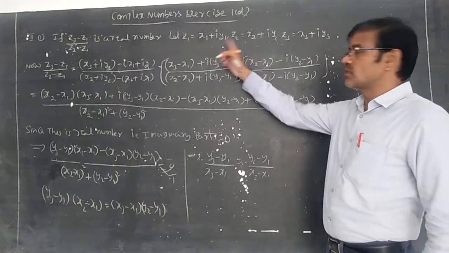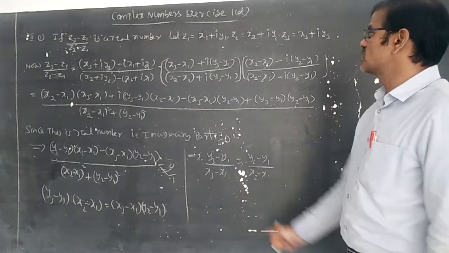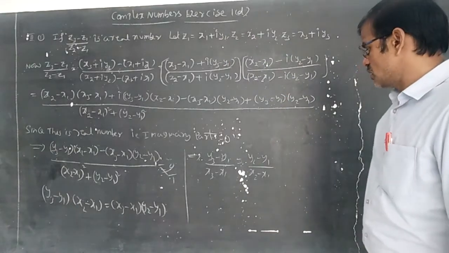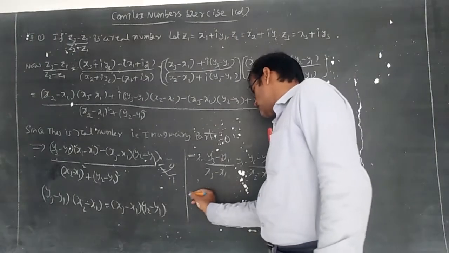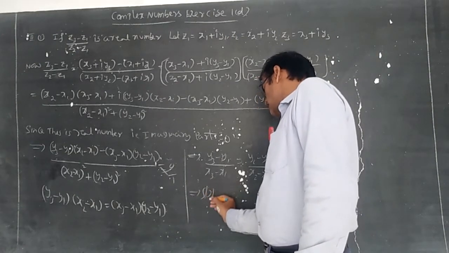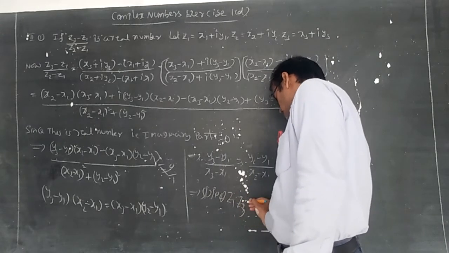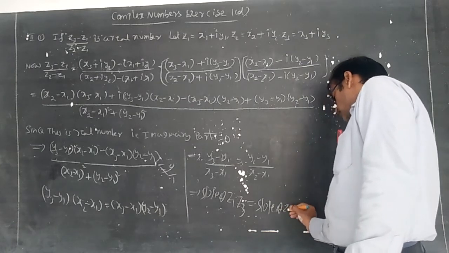You need to understand this is the slope of Z1, Z3, and this is the slope of Z1, Z2. That implies the slope of Z1, Z3 is equal to the slope of Z1, Z2.